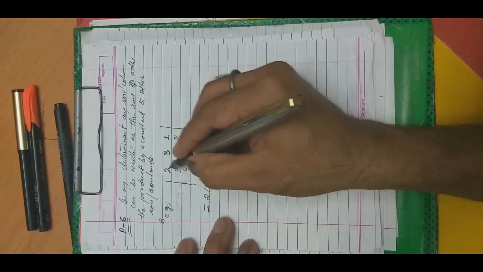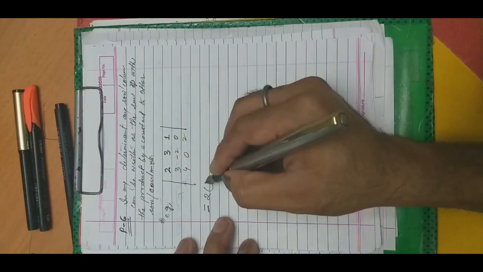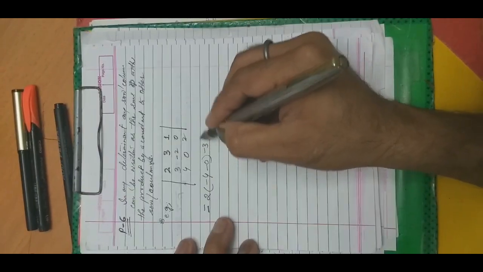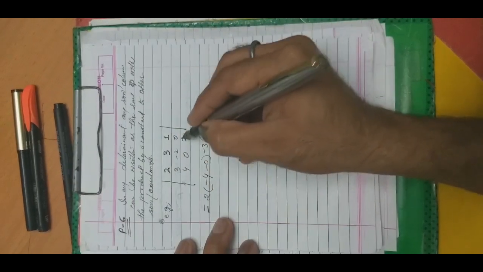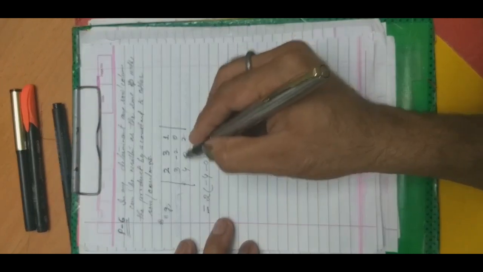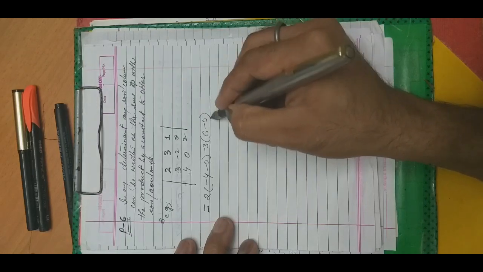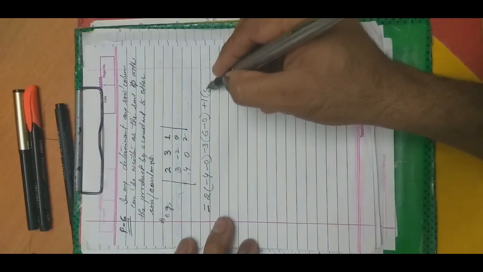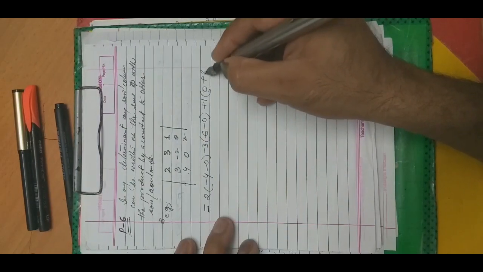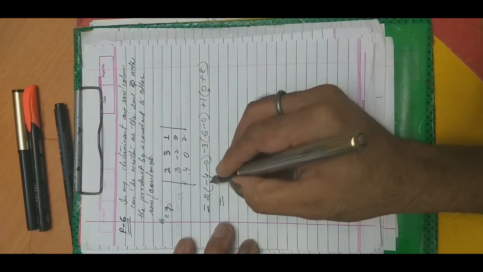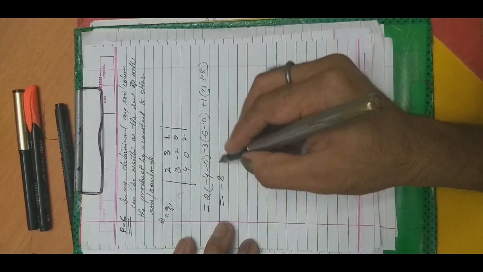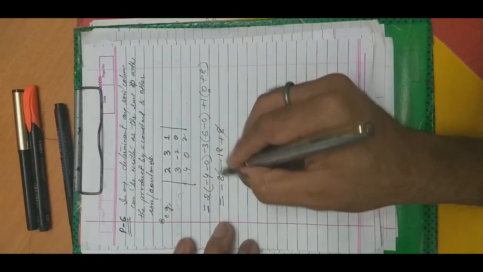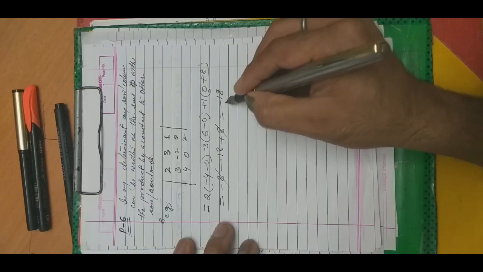It's twice of minus 4, then minus 0, then minus 3 into 6, minus 0, and plus 1 into 3 into 0 plus 8. This is equal to minus 8, minus 18 plus 8, which is equal to minus 18.